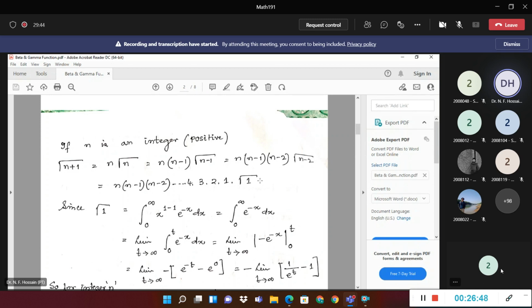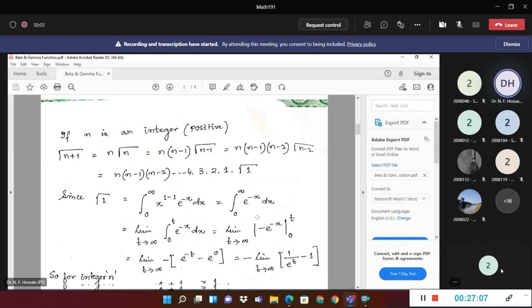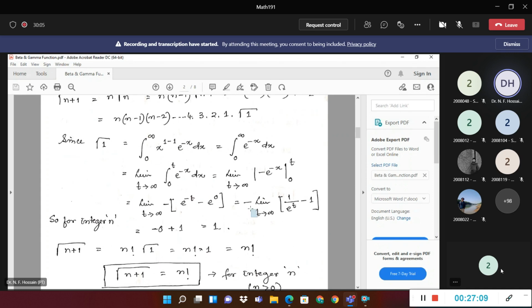Now we will show that the value of this gamma 1 is 1. How? By the definition of gamma function, gamma 1 should be equal to integral 0 to infinity x to the power 1 minus 1 e to the power minus x dx, because n is 1. Now 1 minus 1 is 0, so we are left with only e to the power minus x. Now you perform this integration, putting t in place of infinity and then taking limit t tends to infinity.